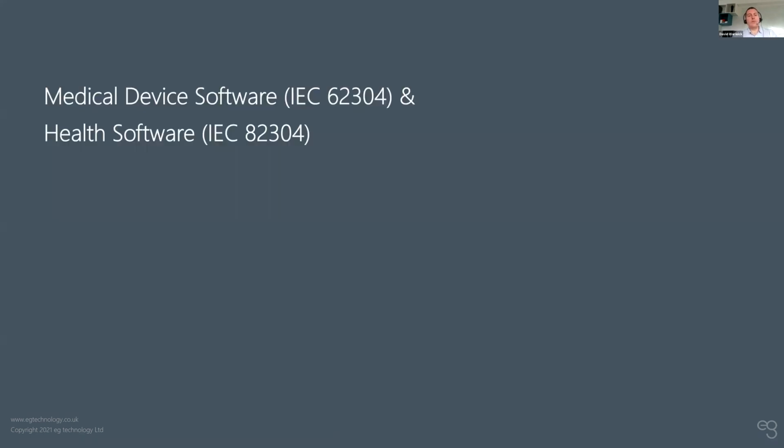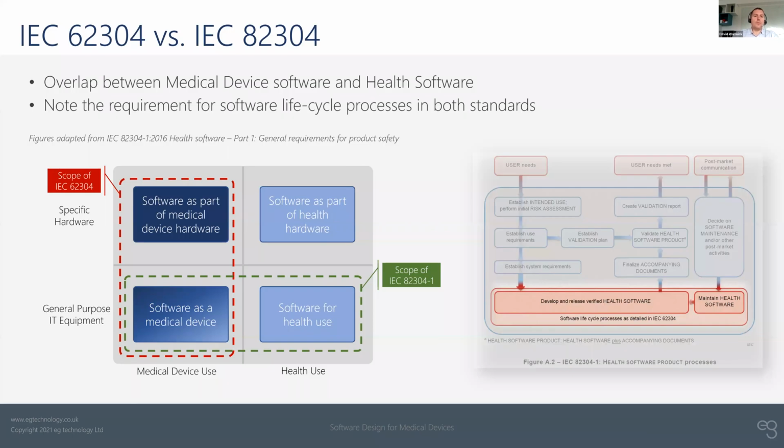So first of all, we can't really start the talk without setting the scene a little bit. There are two key standards, I suppose, associated with software in the broad medical sector. The main one is IEC 62304, and that is about the software lifecycle process for medical devices.